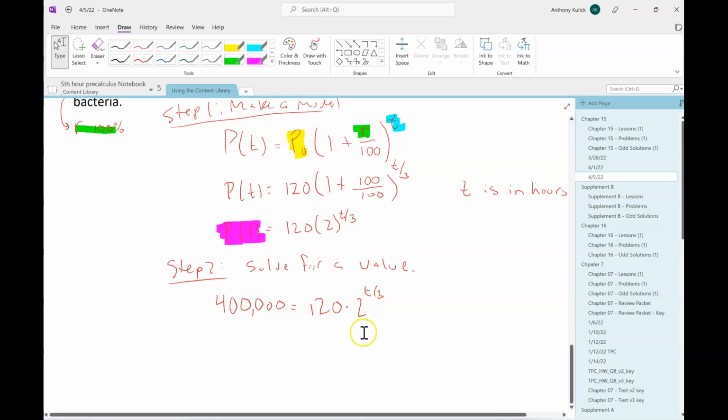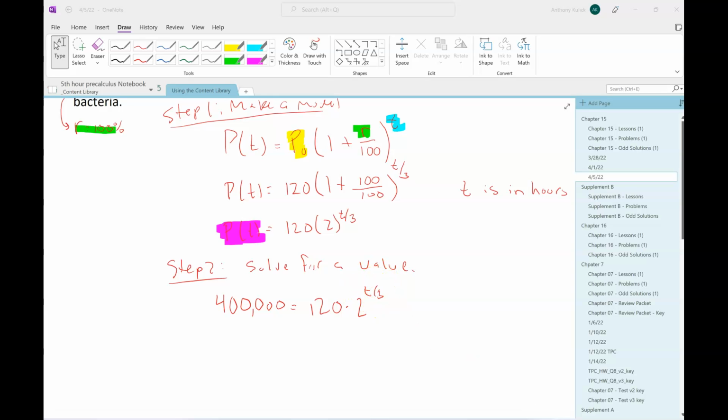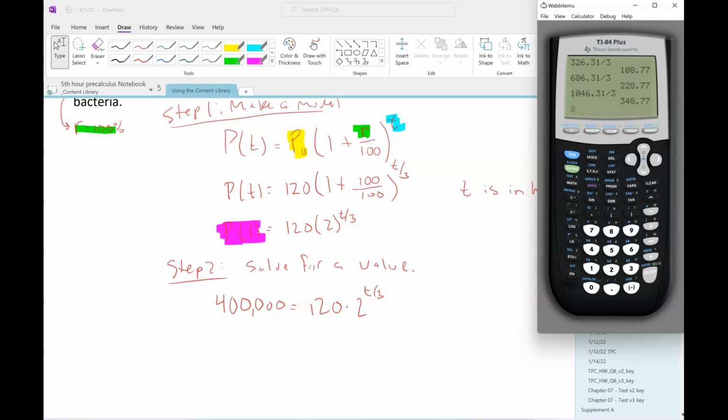Now, to solve this, since we have a variable in the exponent, algebraically, what would we have to use to solve this? If you have a variable in the exponent, it starts with an L. A logarithm, that is correct. Have we talked about logs yet this year?